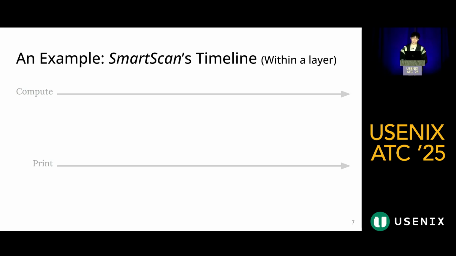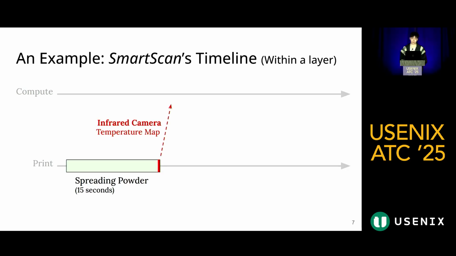So in each layer of the printing job, remember there are multiple layers. We saw metal powder spread across the platform, which typically takes about 15 seconds. And after that, an initial temperature map is captured by an infrared camera and quickly sent to the computer for optimization.